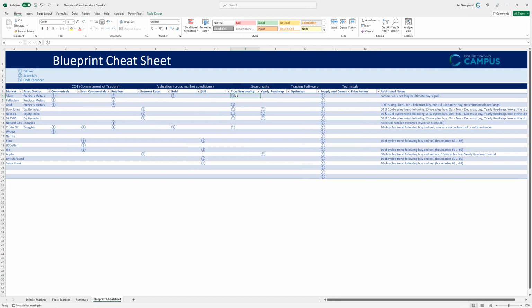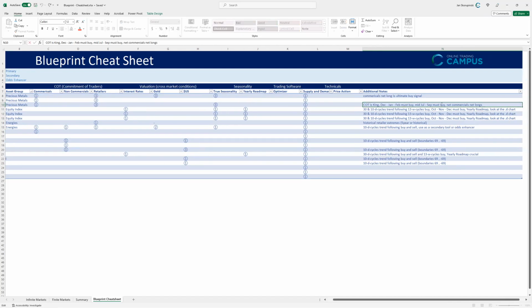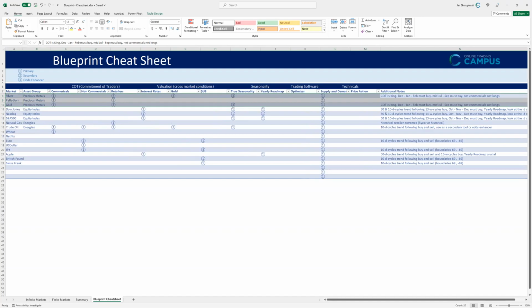As long as we look at it and we align our trades with that, I think we're going to be fine. And then here we already put commercials net long as the ultimate buy signal, but everything else, we can just copy this. And you can see those markets move hand in glove, because the fundamentals that move those markets are very similar, right? And so of course these markets are going to move similarly as well.